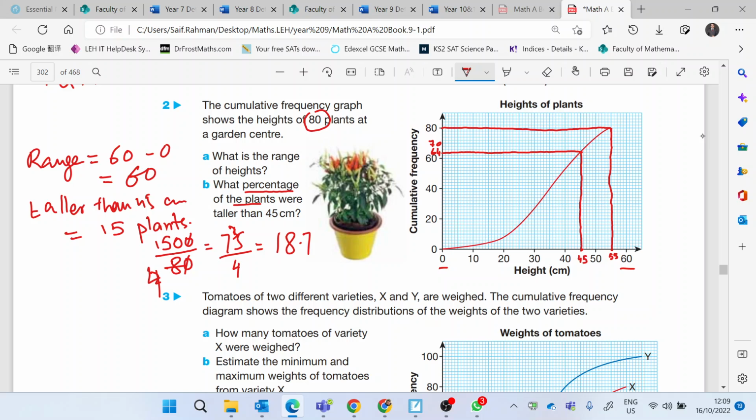So 18.7, or you can say 19% of the plants were higher than 45 centimeters.